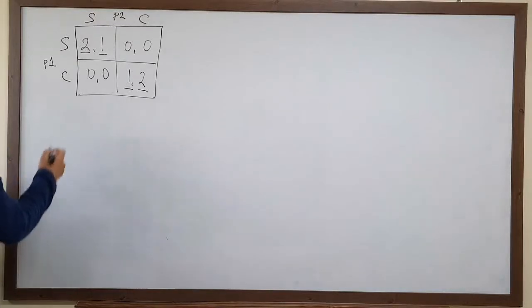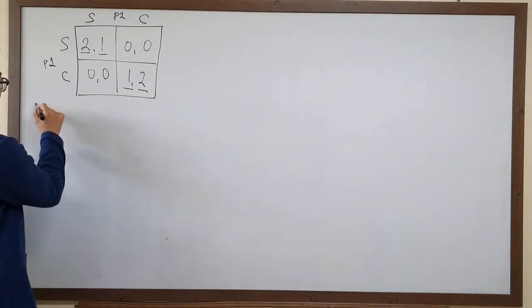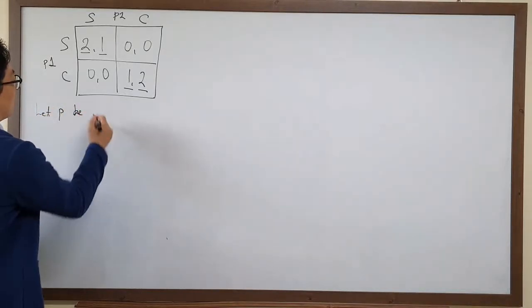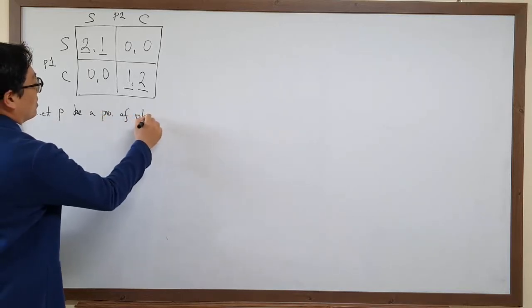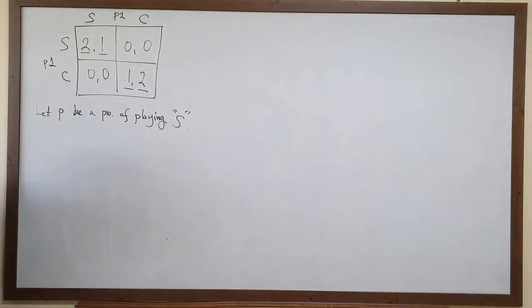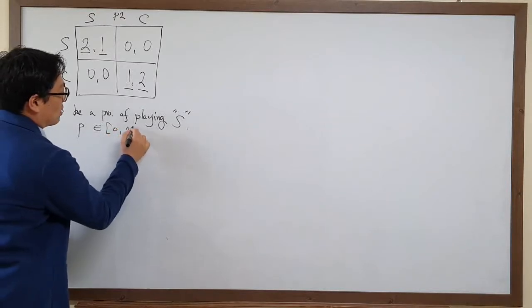So let's say, implicitly, that probability P be a probability of playing S. That is the P. So that P should be in 0 to 1.